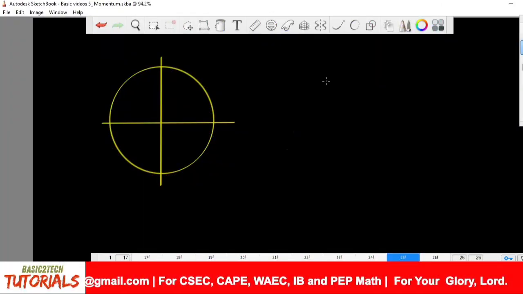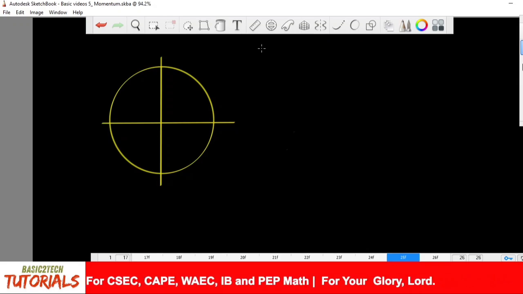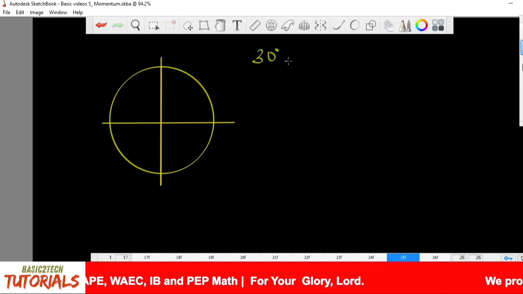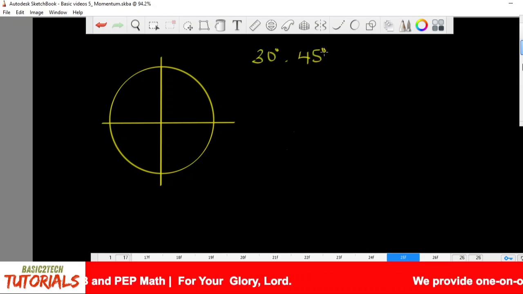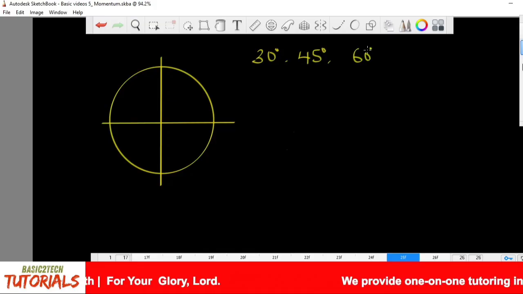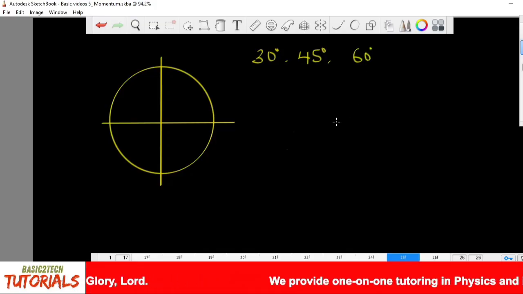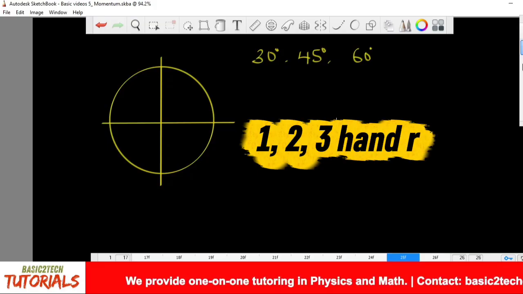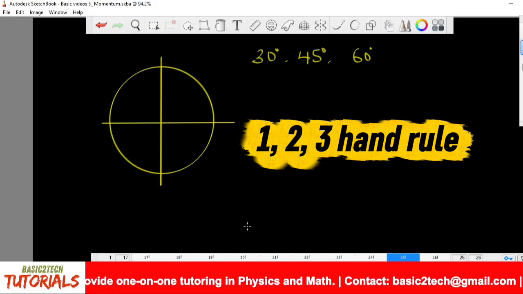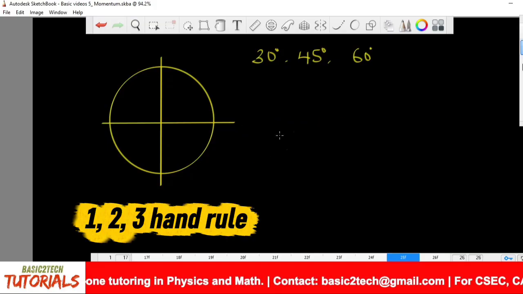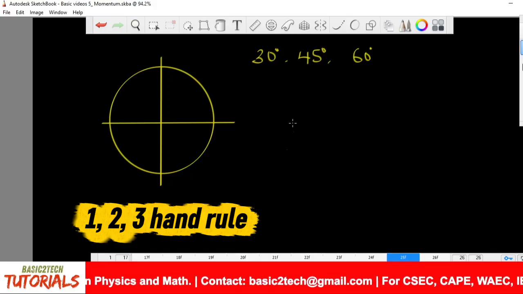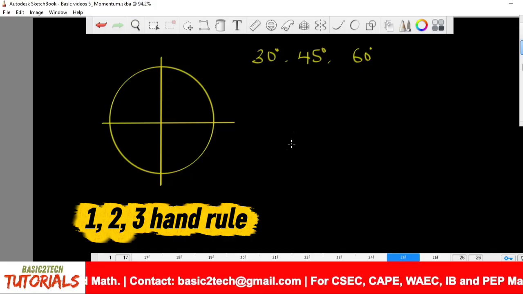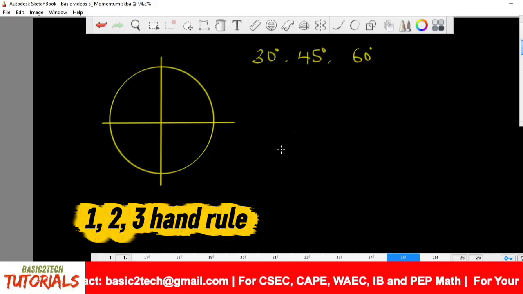Now let's look at the special angles: 30 degrees, 45 degrees, and 60 degrees. There's one trick that unlocks all of them. I call it the 1, 2, 3 rule. For sine of these angles, we write them as the square root of 1, 2, 3, all over 2.